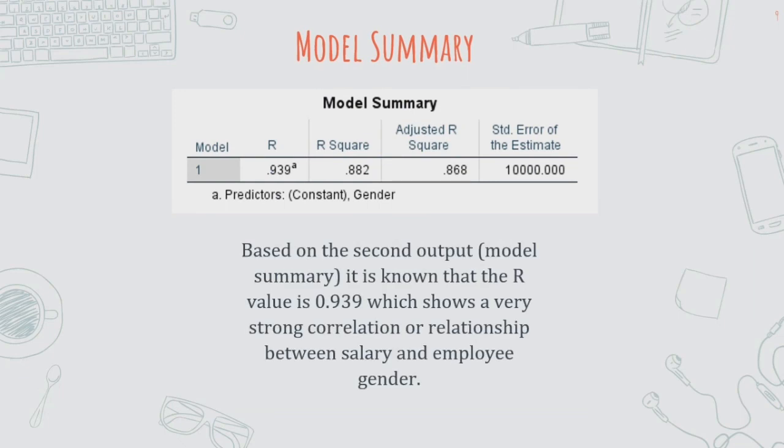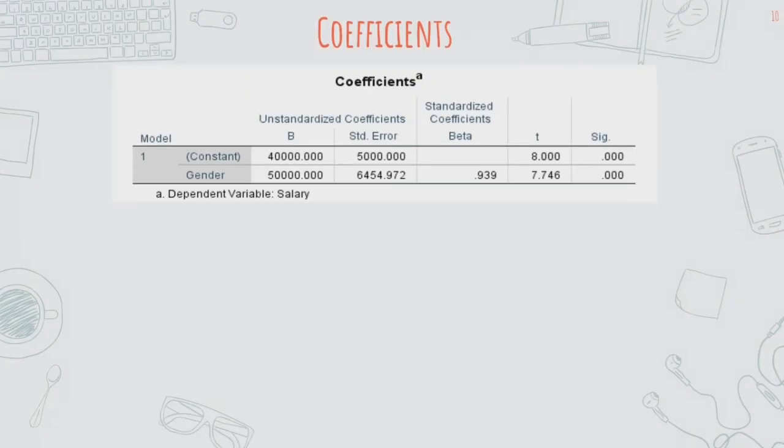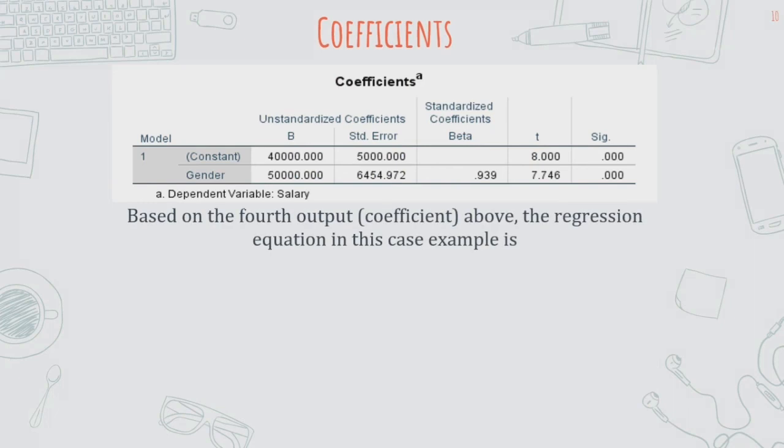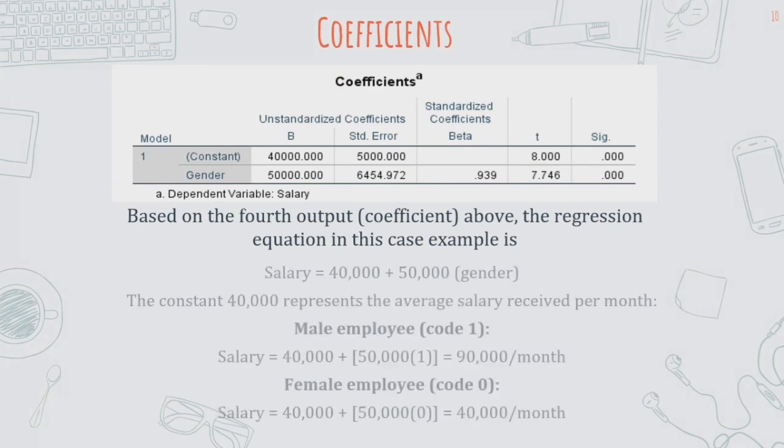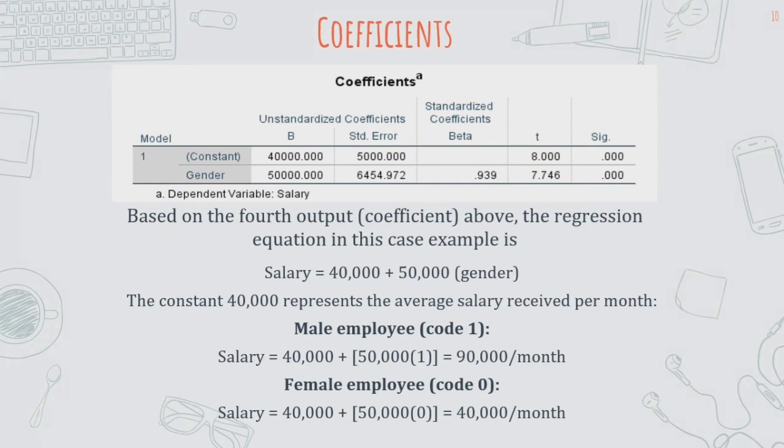Based on the second output, or model summary, it is known that the R value is 0.939, which shows a very strong correlation between salary and employee gender. And here are the coefficients. Based on the fourth output, or coefficients above, the regression equation in this case example is: salary equals 40,000 plus 50,000 times gender.